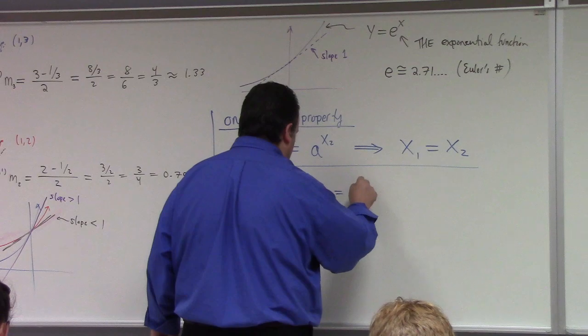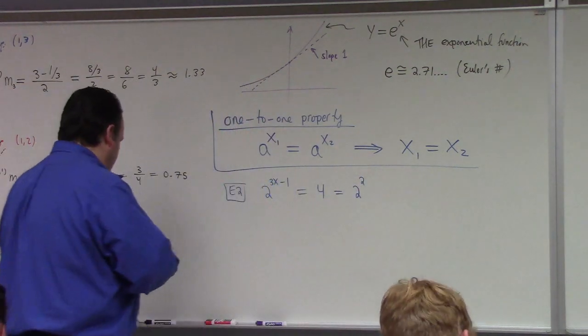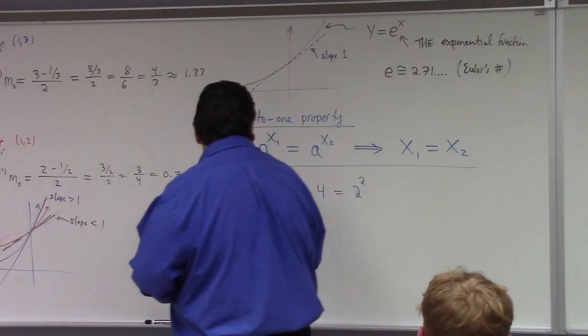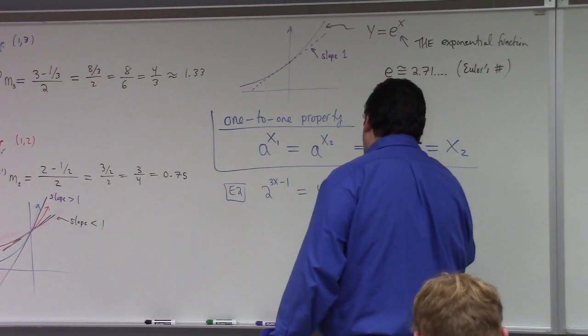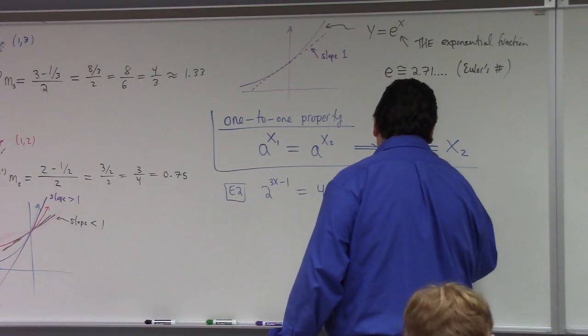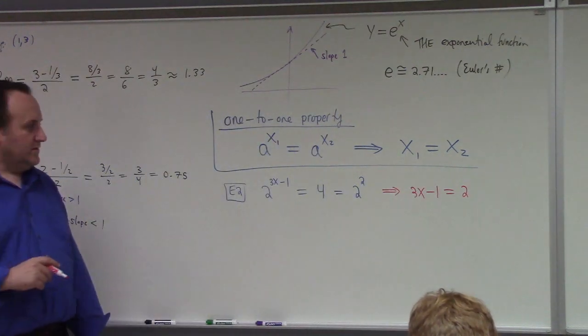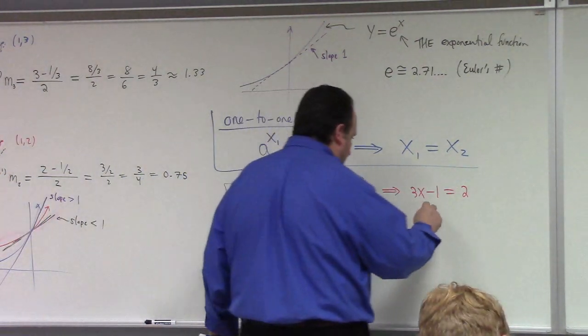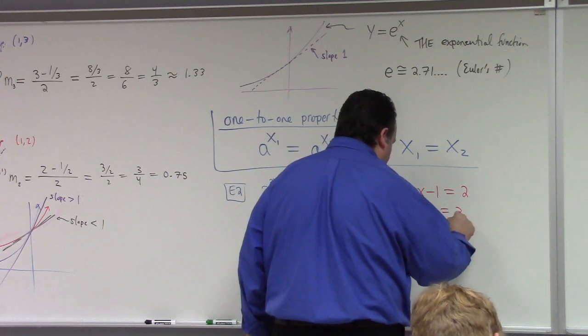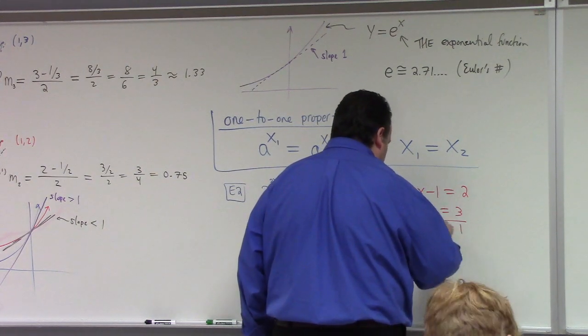Yeah, 2 to the 2. And now I can use the one-to-one property. The one-to-one property here tells me that 3x minus 1 is equal to 2, right? Lo and behold, 3x is equal to 3. x is equal to 1.